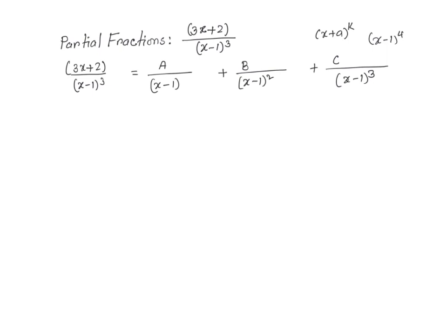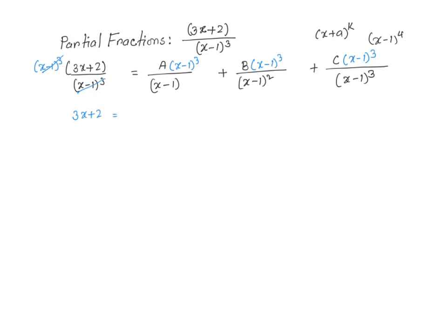Now we are going to multiply both sides of this equation by (x minus 1) whole cube. On the left, this and this are going to cancel out, which gives you 3x plus 2.